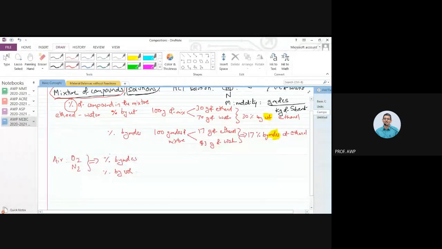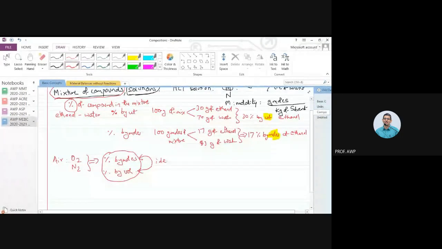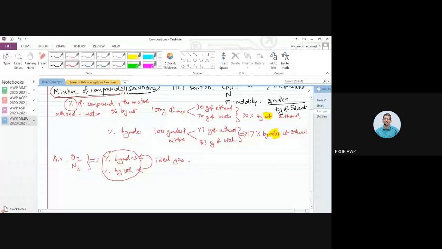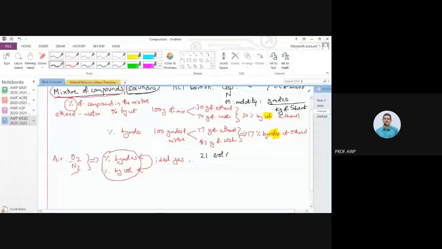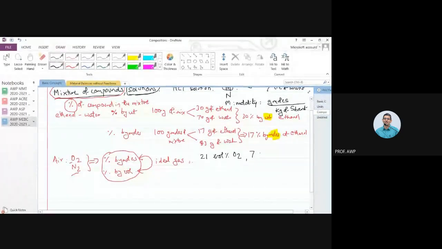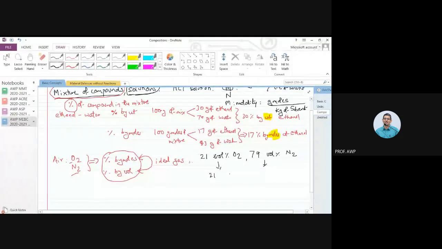Because moles and volume are interrelated by the ideal gas law, and it is the same conversion factor between volume and moles that is applicable to nitrogen as well as to oxygen. So if I say air contains 21 volume percent oxygen, 79 volume percent nitrogen, that is the same as 21 mole percent oxygen and 79 mole percent nitrogen.